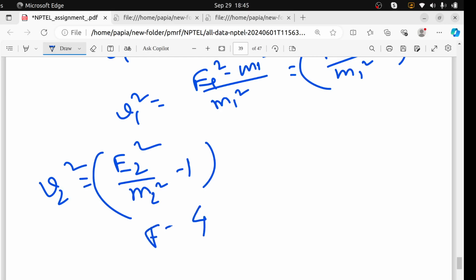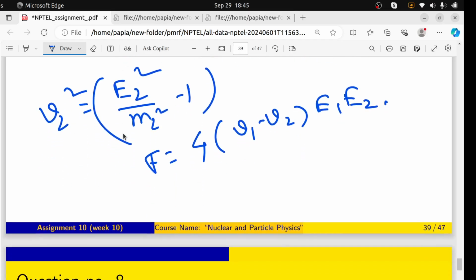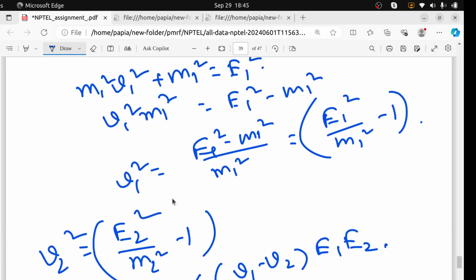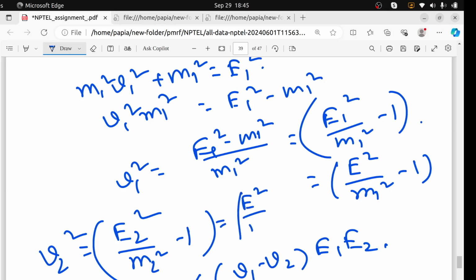Now the flux was 4 into V1 minus V2, E1, E2. Let me check here, let me do F square so that it will be fine. This is E square by M1 square minus 1, this is E square by M2 square minus 1.